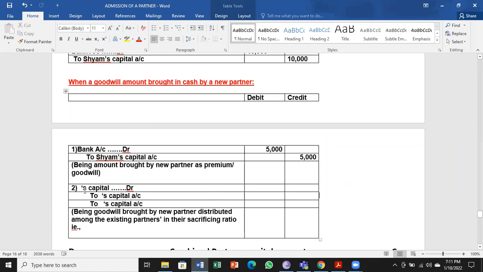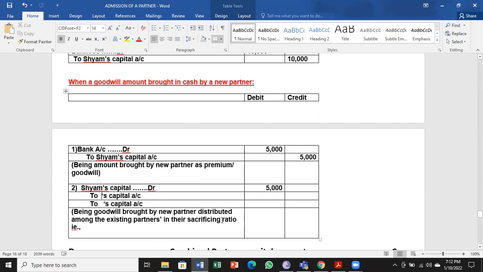That is the entry. Next, we have to close Shyam's account. Remember here, Shyam's account to be closed. Shyam's account debit here because credited in the previous one.